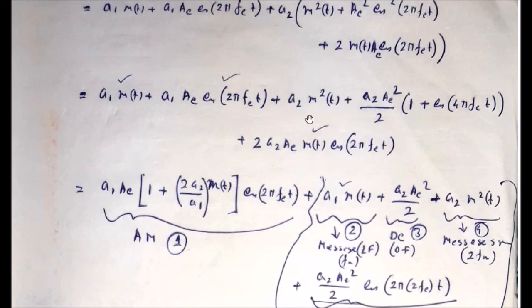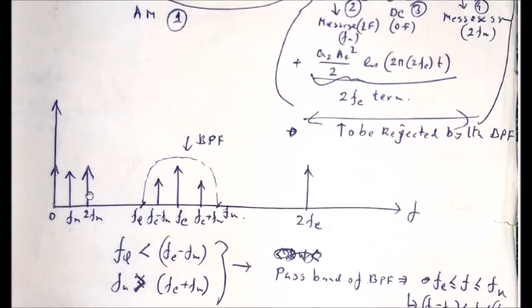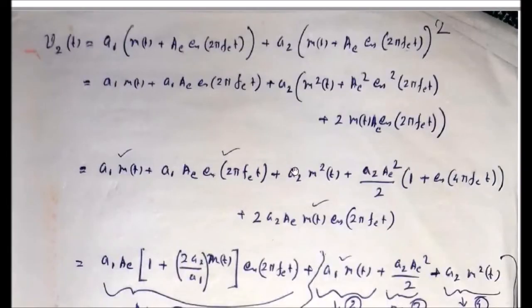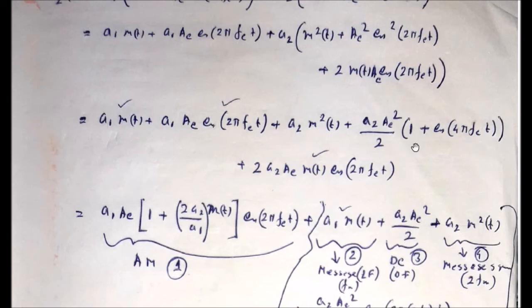So this term corresponds to 1 plus cos 2 theta. That means 1 will carry the DC term and cos 2 theta will carry the frequency of 2fm. So it is nothing but the 2fm term, and one DC term will be there, which will be at 0 frequency.